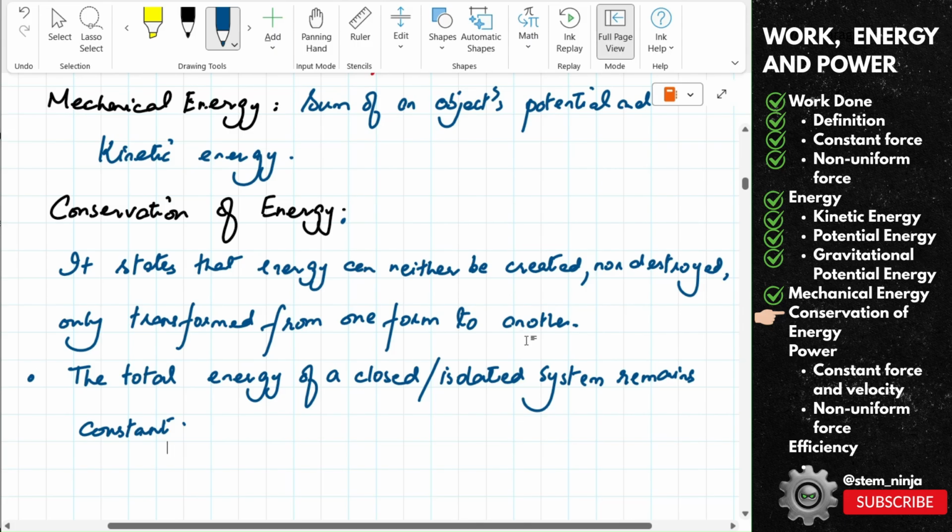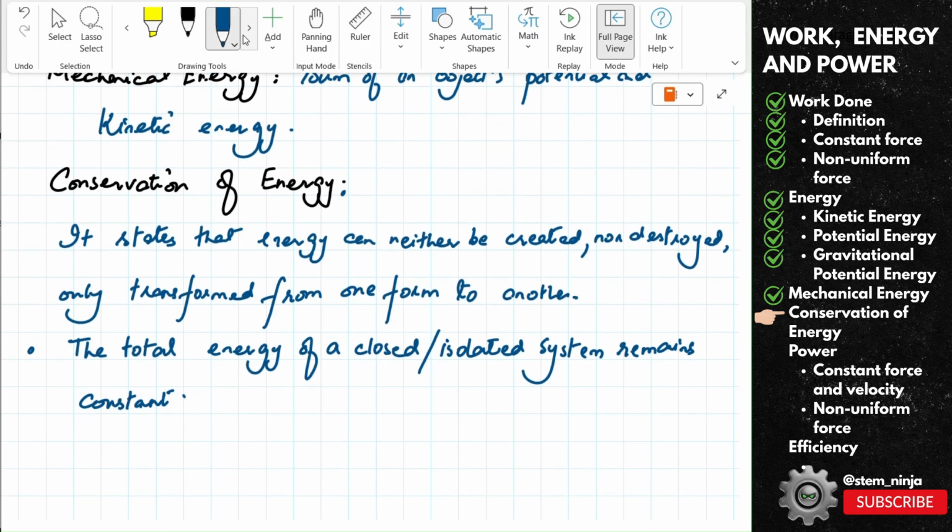Now, in essence, both of these statements are describing the same thing that we already studied. For example, one thing that we said, that work done causes a change in kinetic energy.